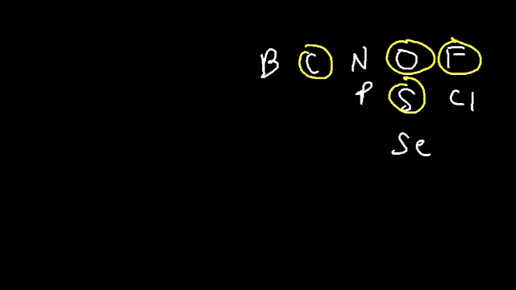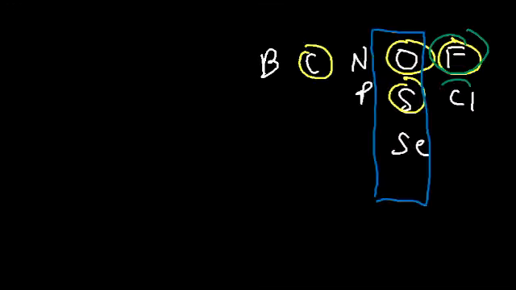Whenever you have 2 elements of the same group, which is the same column, those elements are going to share similar properties. So oxygen and sulfur are going to behave similar to each other. They're going to have similar chemical properties. They both want 2 electrons. Fluorine and chlorine are chemically similar to each other because they both have 7 valence electrons. Oxygen and sulfur both have 6 valence electrons, so they're going to behave in a similar chemical way.